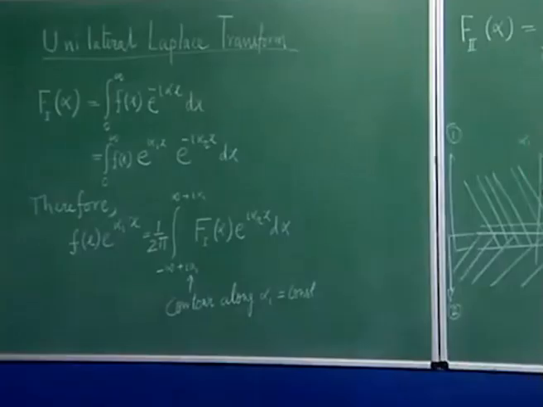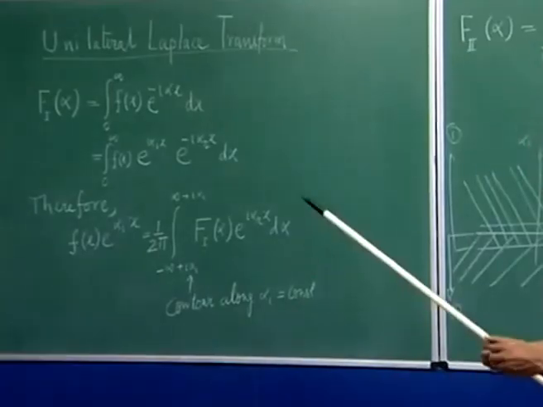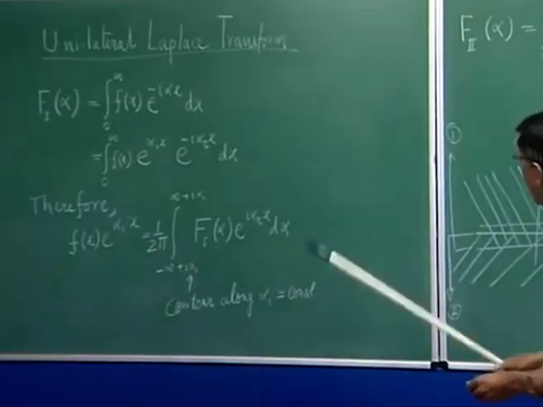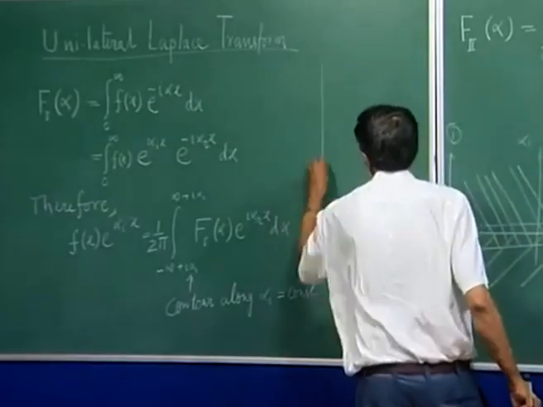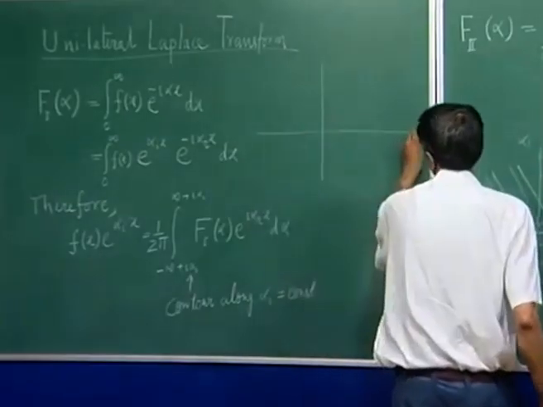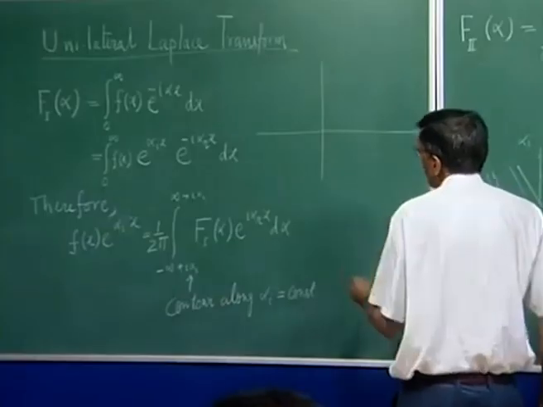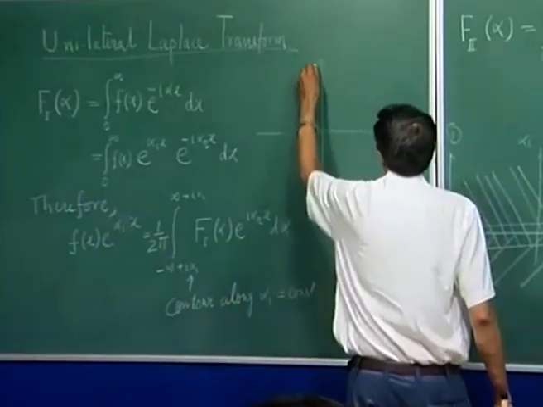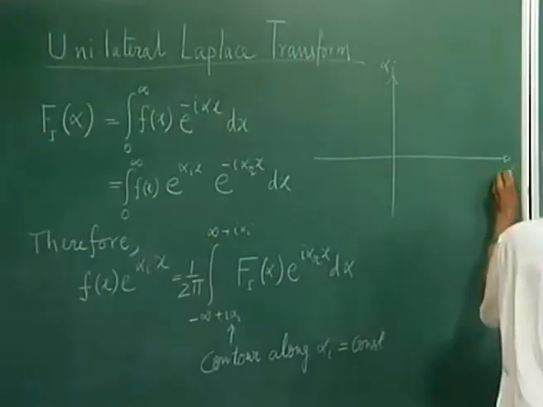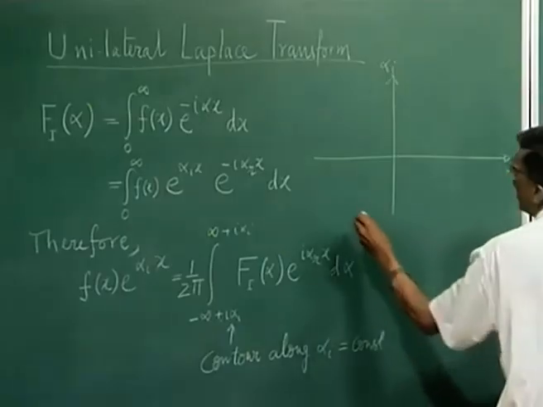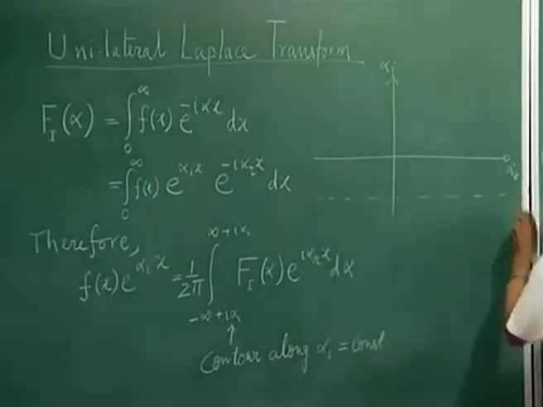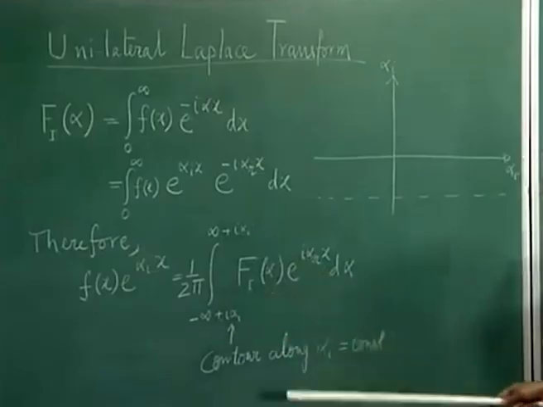Now, what we could do is, suppose in the alpha r, alpha I plane, I take a line along which I will perform this integral. That is what I am doing.